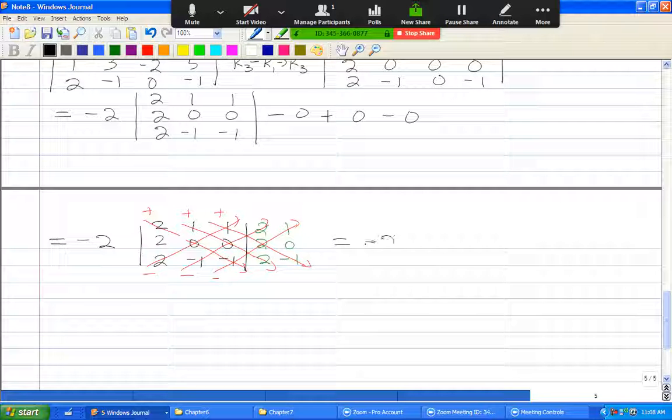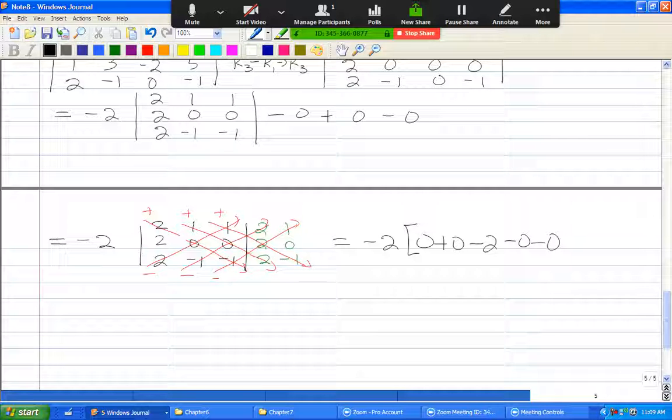So I get -2 times 0. 2 times 0 times -1 is 0. 1 times 0 times 2, 0. Plus 1 times 2 times -1. So that's a -2. Minus 2 times 0 times 1, that's another 0. Minus -1 times 0 times 2, that's another 0.